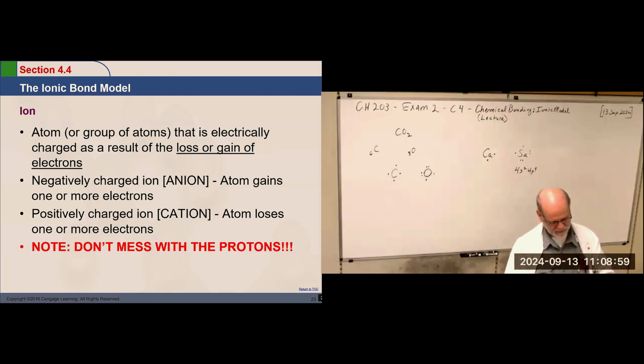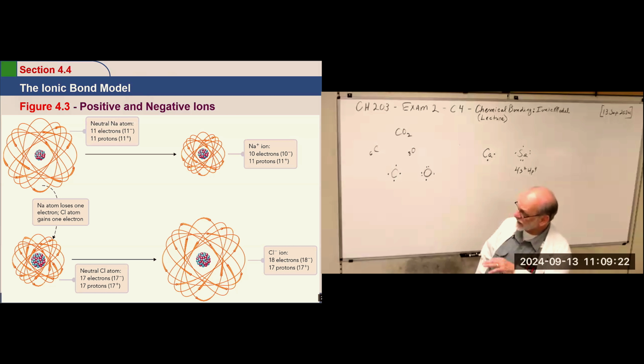Okay, I don't know how instructive this is. It just shows the formation of ions. It does make a good point that the neutral chlorine atom is smaller than the neutral sodium atom.